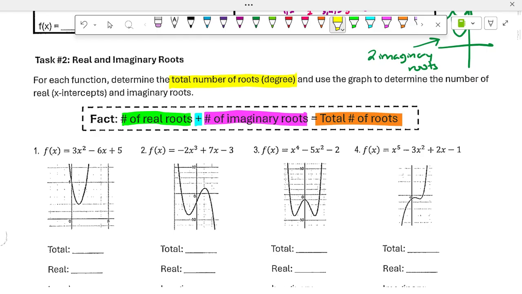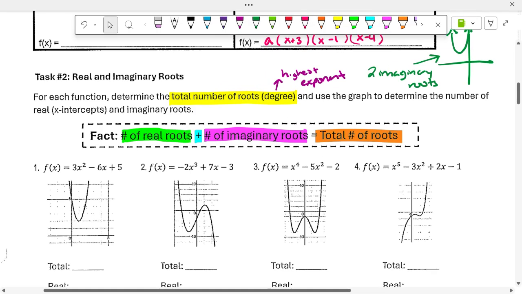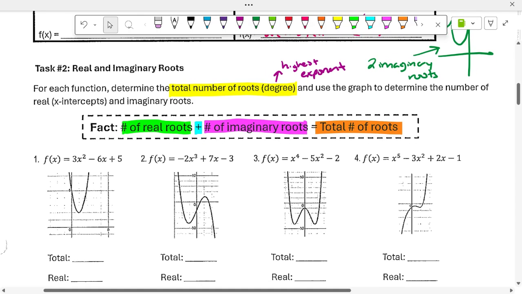So what does degree mean? Degree means the highest exponent. Whatever the highest exponent is, that is how many roots we should have, whether they be real or imaginary.